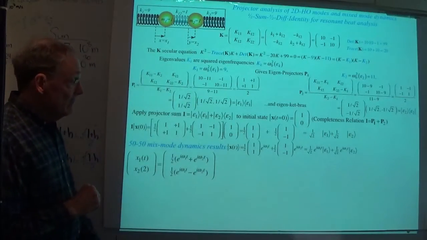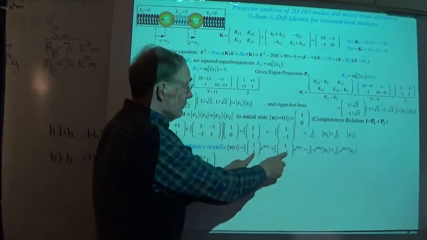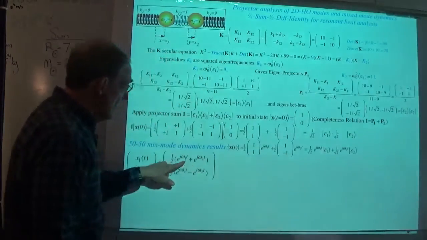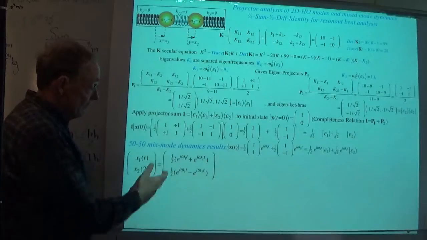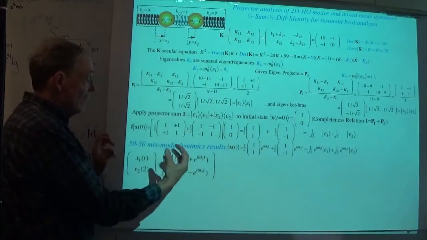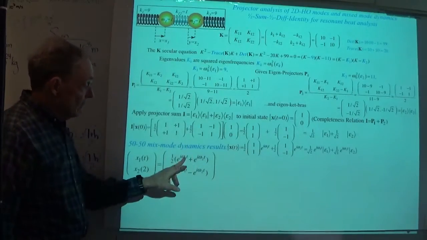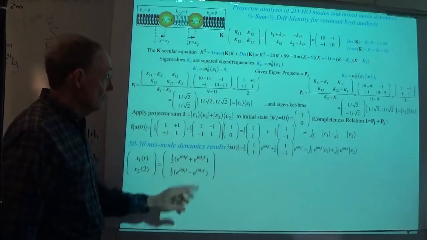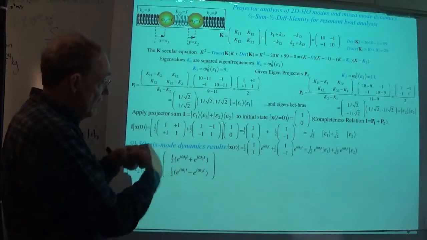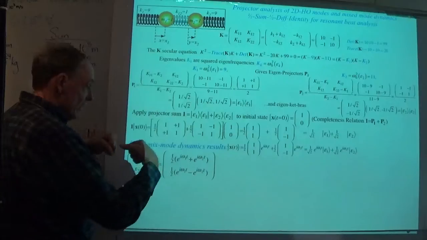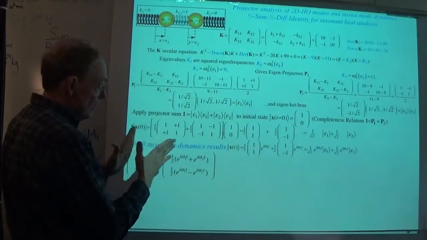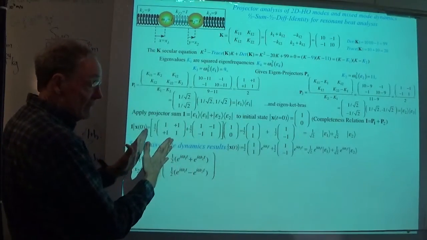So what I'm getting here, when I add these two together, is a sum of two exponential phasors going at different speeds. Omega 1, omega 2. And omega 2 presumably, usually, is the high frequency. Omega 1 is the lower one because we're not pushing a coupling back and forth.